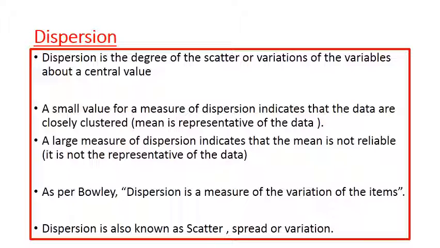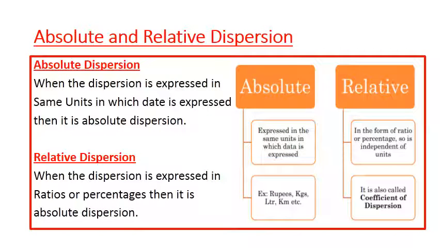We have different measures of dispersion, but before that you should know what dispersion means, before calculating it or learning its methods. When we talk about dispersion, we have absolute dispersion and relative dispersion.